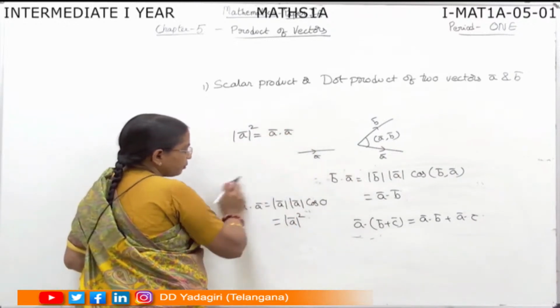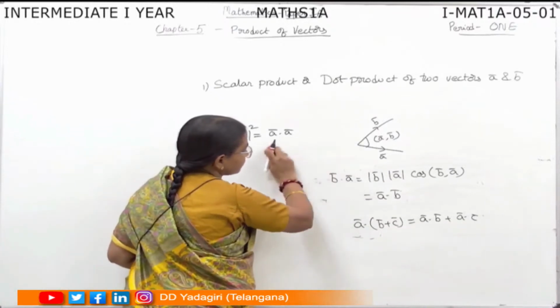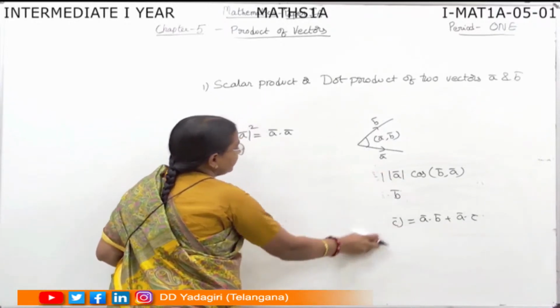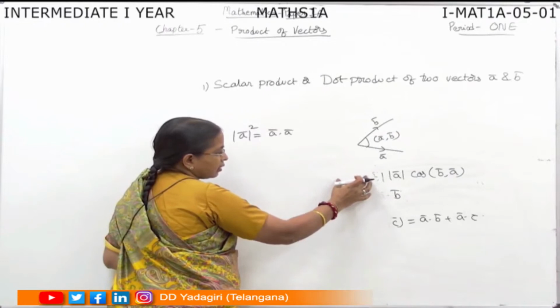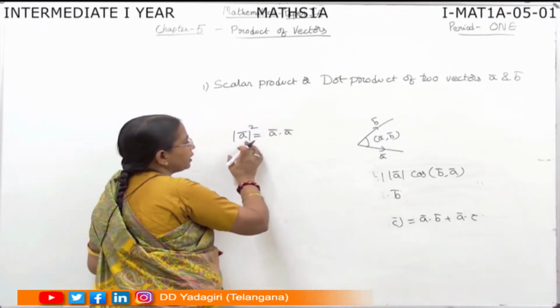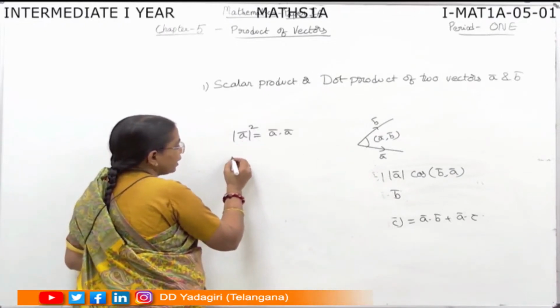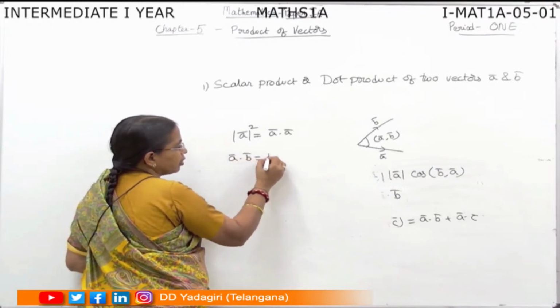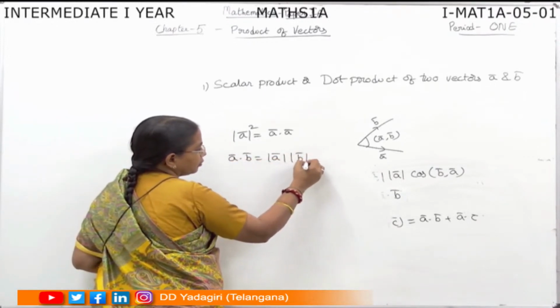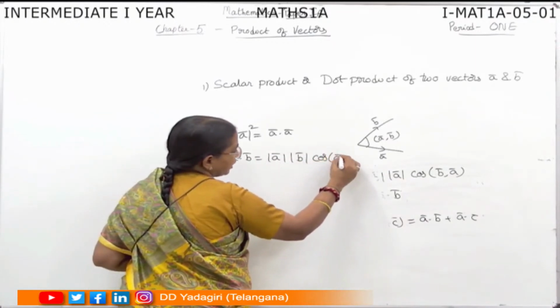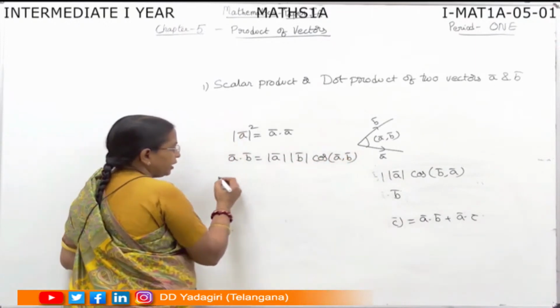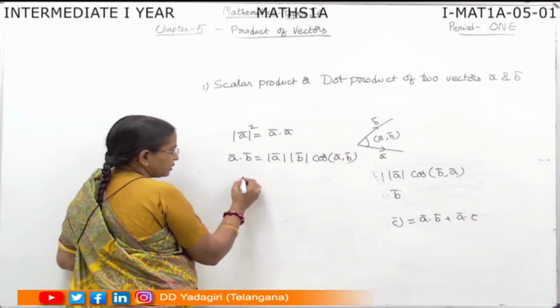So these are some of the properties. Some more are there. First I'll explain and then give you the summary. So this is about the commutative property, distributive property, and then mod A square. And then you have A dot B as mod A into mod B into cos of the angle between A and B. So the angle between A and B, you bring this to this side.